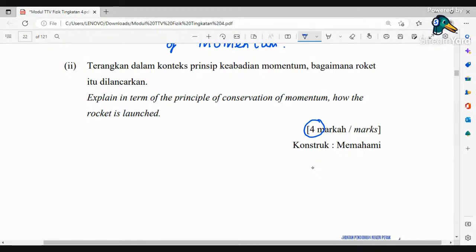Okay, first you can write about, okay, first point. Oxygen and hydrogen mix.